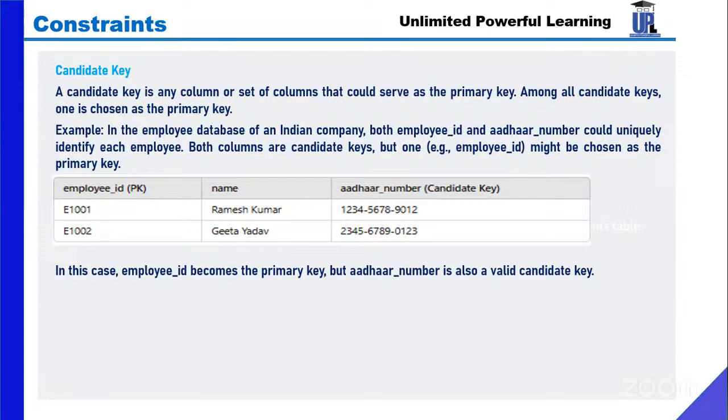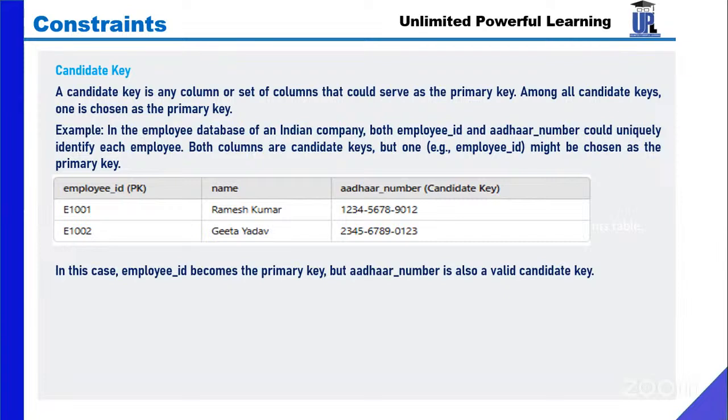Similarly, in India, everyone among the 1.4 billion population, 140 crores, has an Aadhaar number. Even a child when born gets an Aadhaar number. It is mandatory, right? So that is unique also.